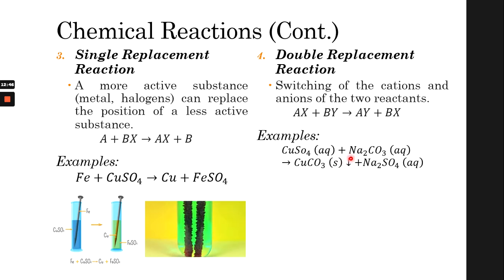When we talk about precipitate formation, it means there's a presence of solid in your aqueous solution. An aqueous solution basically means a liquid with a dissolved substance in it. So for example, if you take water and then you dissolve salt, there is salt in your water. So it means there is a presence of solids in your liquid solution.